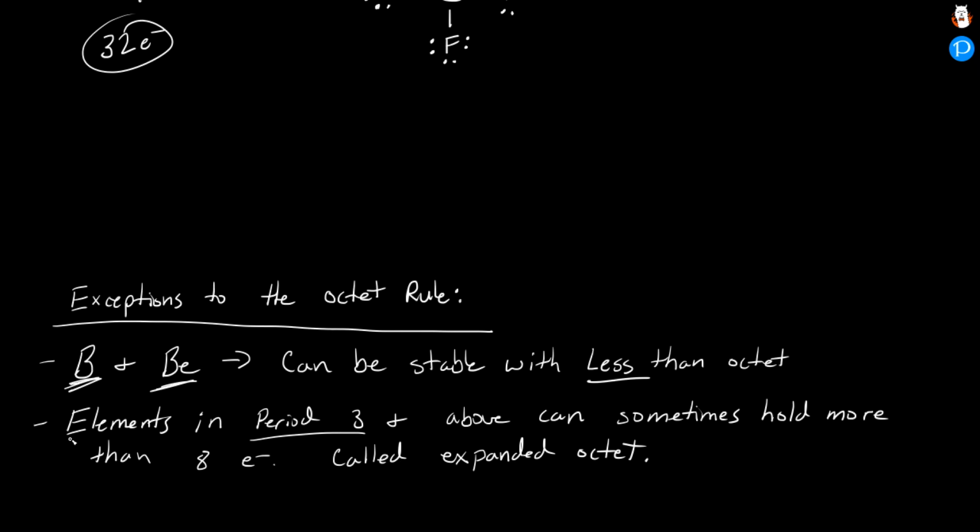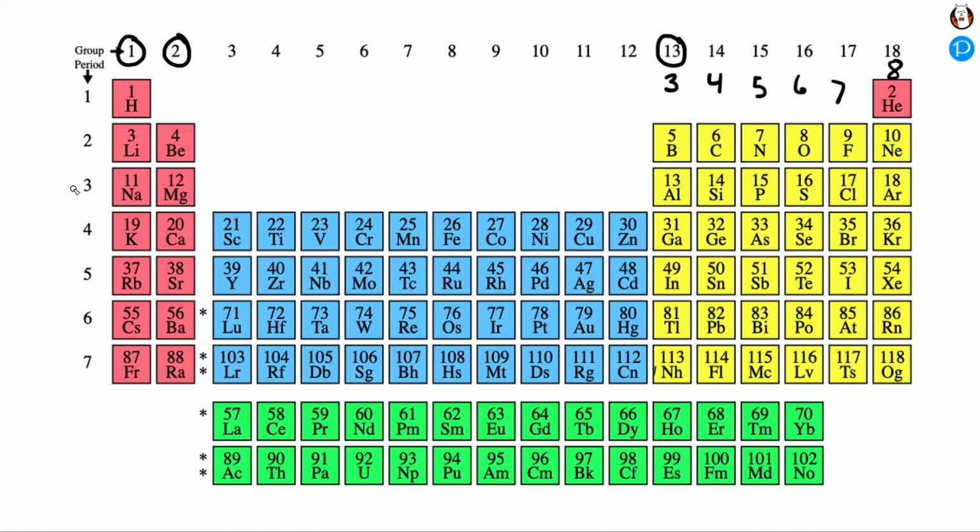And then the other thing that we can see is that elements that are in period 3 and above, here's period 3, and anything that's above that, those elements have the ability to form what is called an expanded octet. The reason for that is once we get to period 3 and above, they have those d orbitals that they can work with to hold more of those electrons.